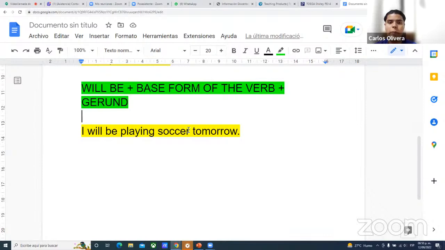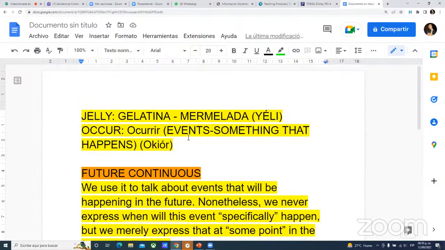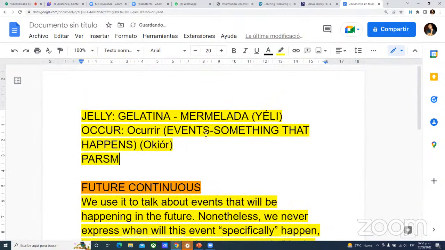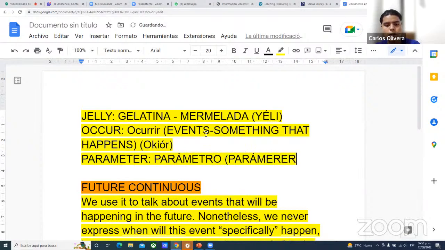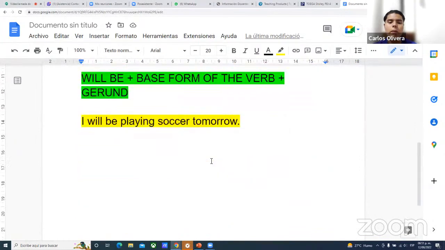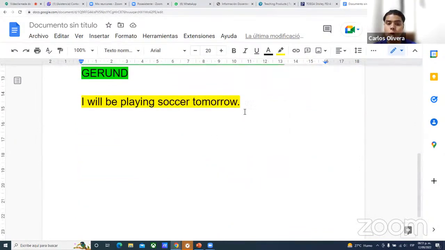Do you know what a parameter is? Parámetro? Okay, good. It's written very similarly in Spanish, parámetro. So as I mentioned, it's a matter of I will be playing soccer tomorrow.